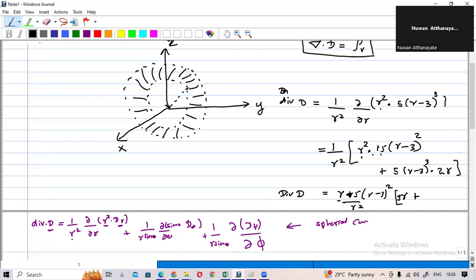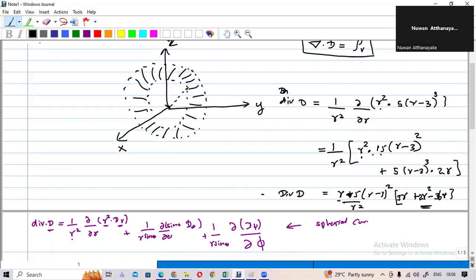Then here I get 5r minus 3, so r minus 3 is there, and 2r means 2r square, 6r. This kind of result you will get. So maybe just try to evaluate this.